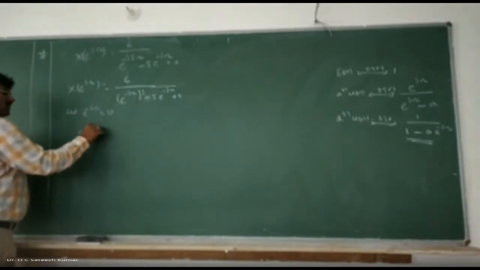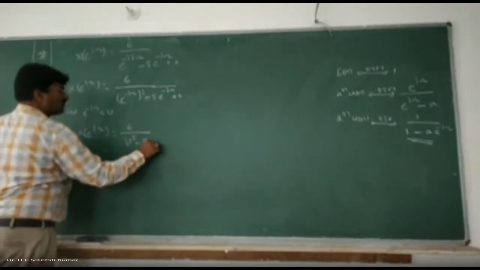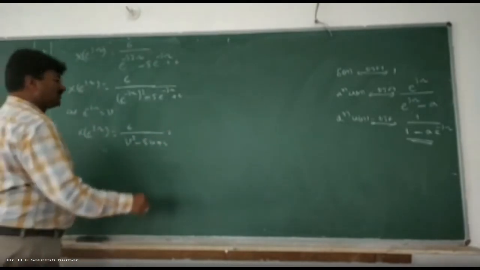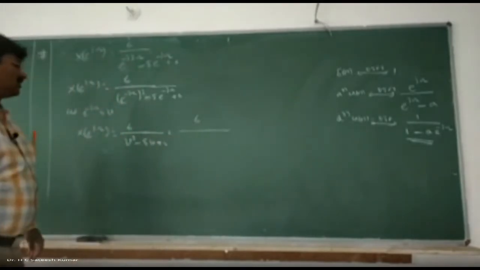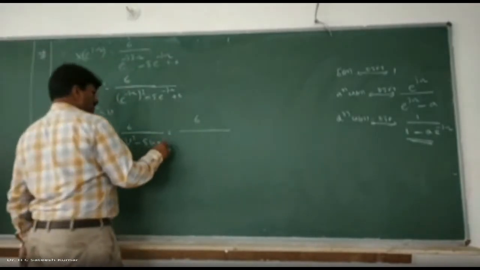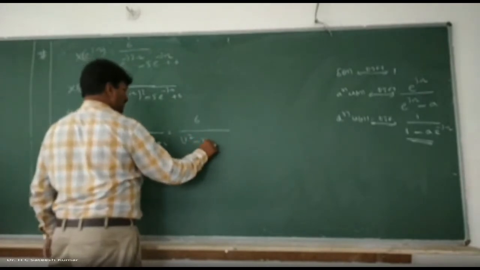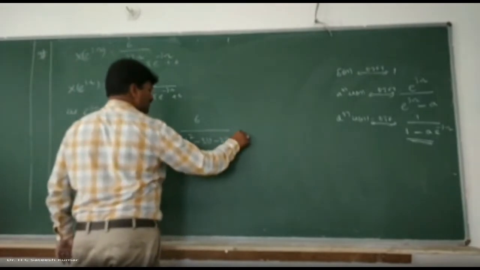X of e to the power of j omega is equal to 6 divided by v squared minus 5v plus 6, which is equal to 6 divided by, you can write it as v square minus 3v minus 2v plus 6.